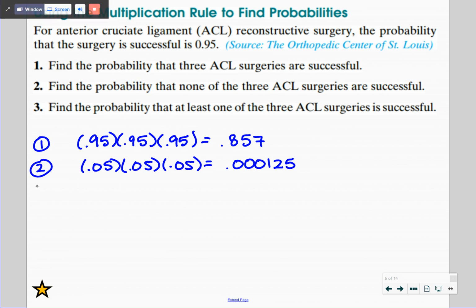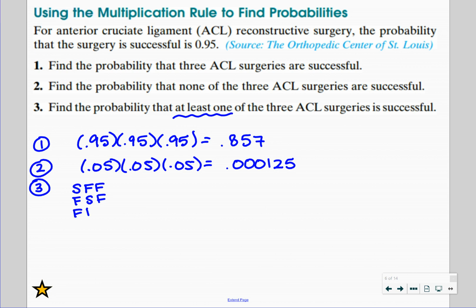Okay. The third one is where things are going to start to get tricky now. Find the probability that at least one of the 3 surgeries is successful. Okay. So there's a lot of different ways this can happen. Either the first is successful and the next 2 are failures, or the middle one is successful only, or the third one is successful only.